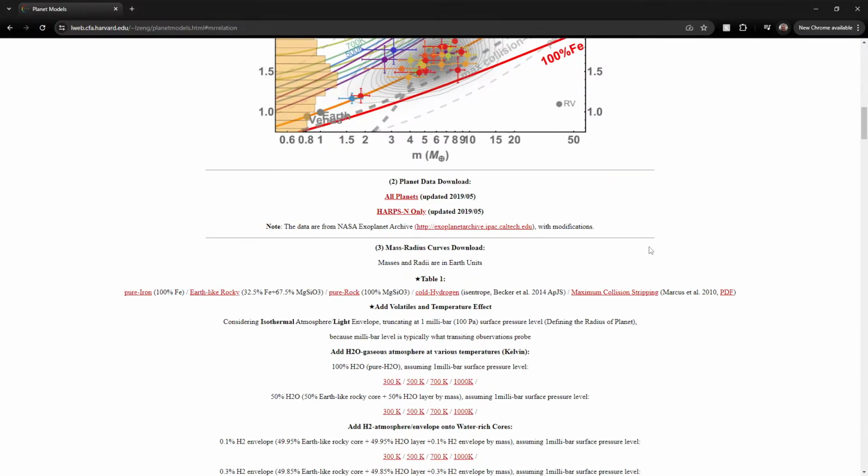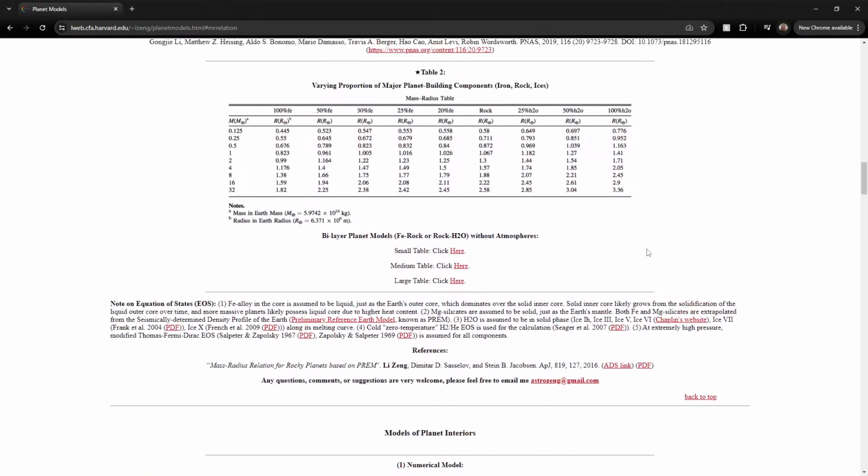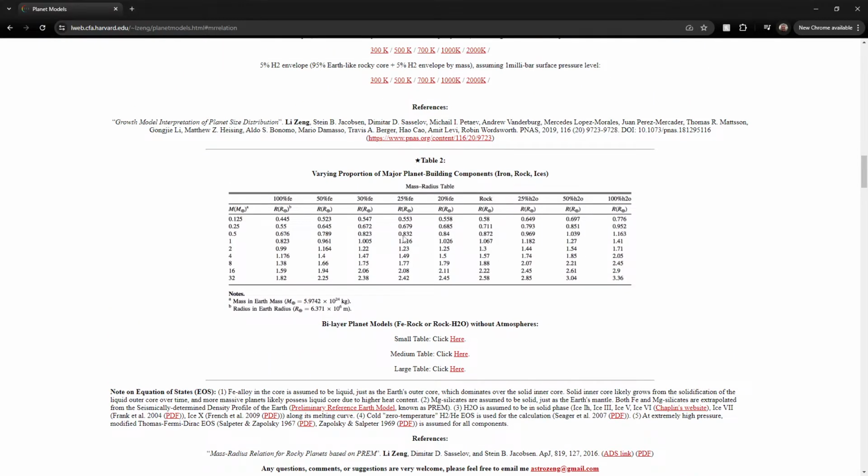And if you skim through all the data, this table here, of which there's a much more detailed version, shows you the mass of the world based on its metallicity, which is really, really handy. So, for example, Earth mass 1, 30% iron, which is kind of what Earth is, practically 1 Earth radius.